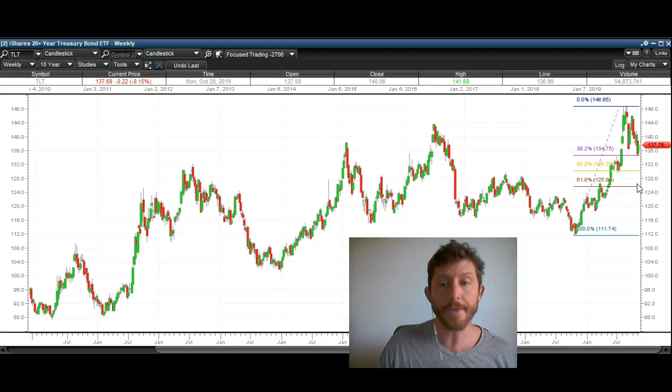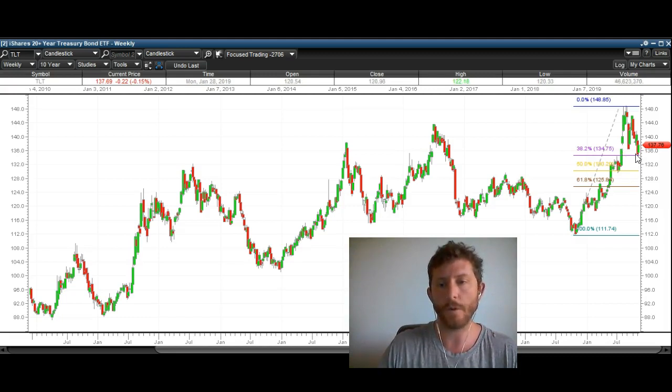If TLT is going to do what it's done every other time it's hit this level, and not much has changed in the market or in bonds since all of these times, nothing has changed, and right now we're acting very similarly to each of these other times that we hit this level. So ultimately, I think that we're going to head much lower on TLT.